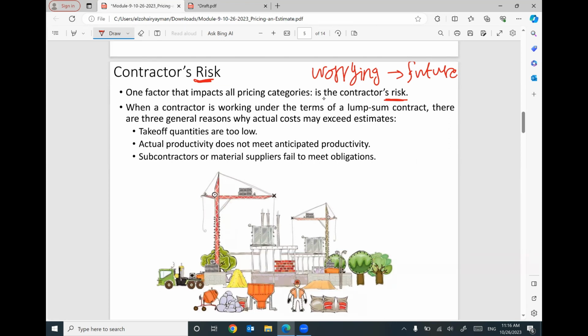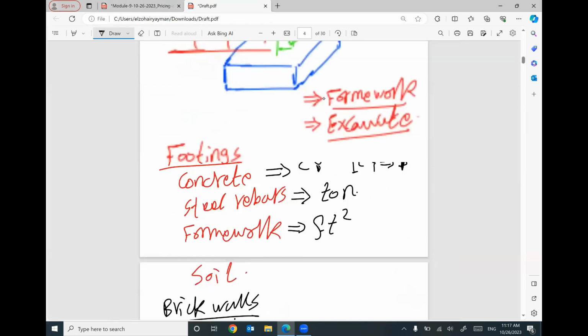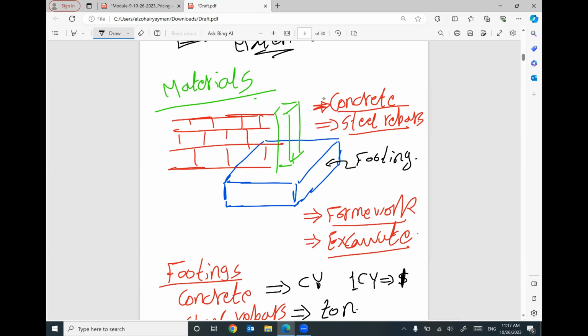When a contractor is working under the terms, especially, this is the biggest risk on a lump sum contract. There are 3 general reasons why actual cost may exceed the estimate. We can expect these 3 changes. First, what you did for quantity takeoff is wrong. Based on my calculation, I found, for example, I need to construct maybe 250 cubic yards of concrete.